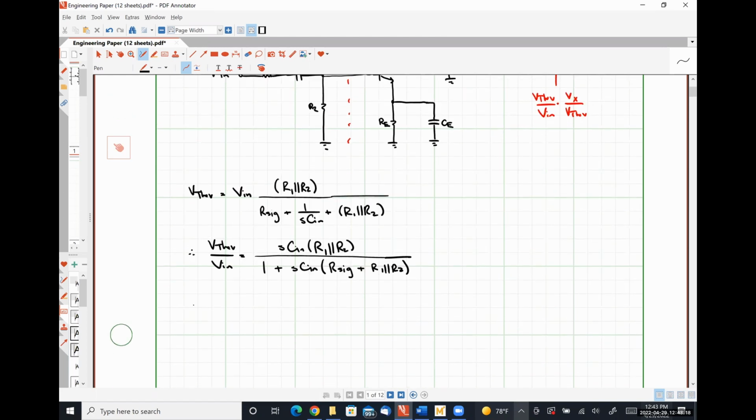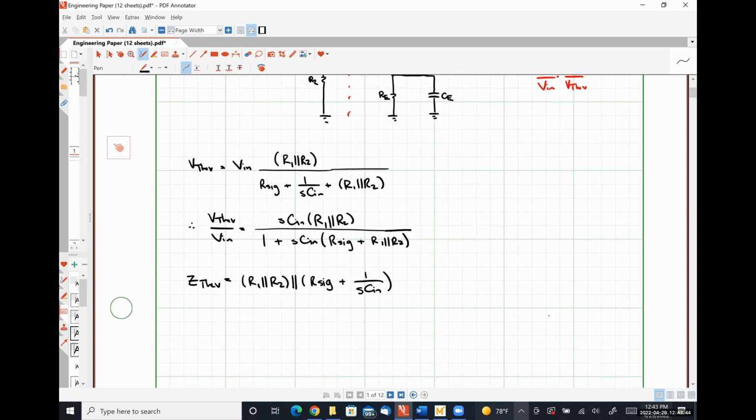So ZThev is R1 in parallel with R2 in parallel with R sig plus 1 over SCn.